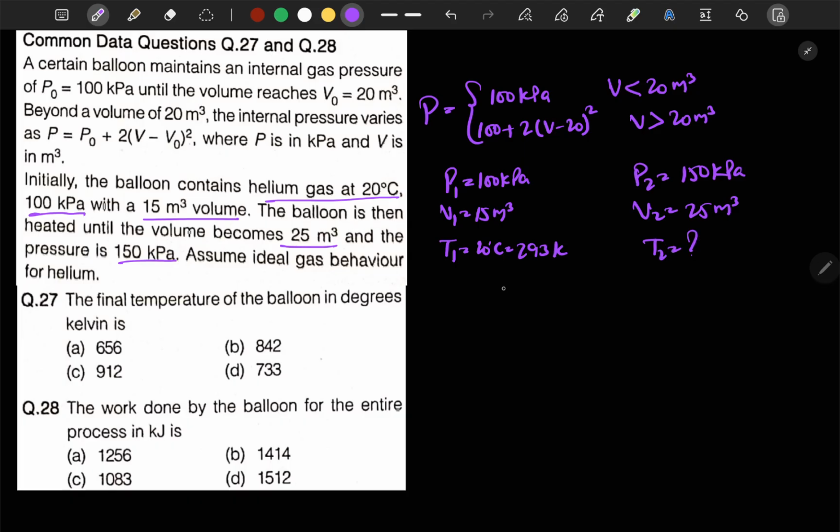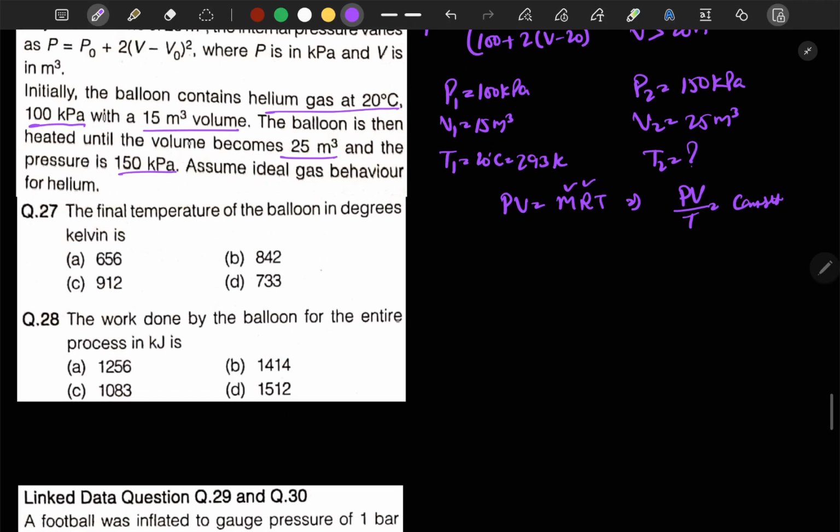From ideal gas equation, PV is equal to mRT. Since here m and R are constant, we can say that PV by T is equal to constant, the most basic equation for a closed system. Because in a closed system mass will remain same and for a particular gas R will remain same. So P1 into V1 divided by T1, 293, is equal to P2 into V2 divided by T2.